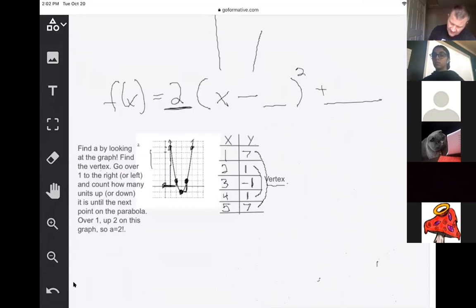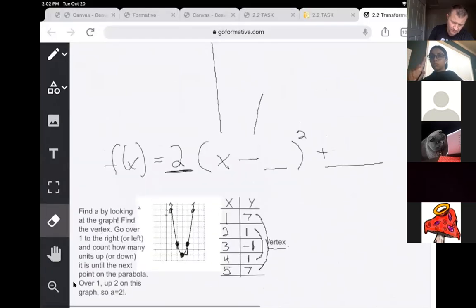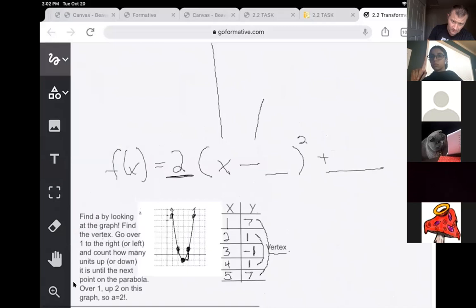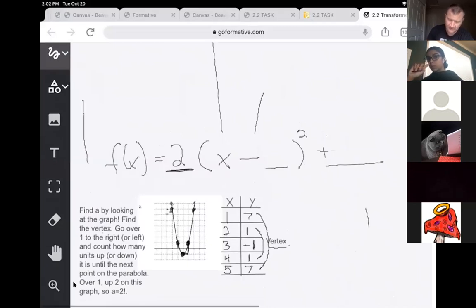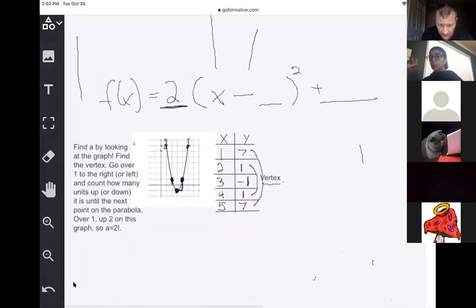Now, remember it started in the middle, right? It started here. How many to the right did it go? How many to the right from the middle? How many to the right did the vertex go? It went to the right 3, and Cameron knows that that's x minus 3, which is good, okay?